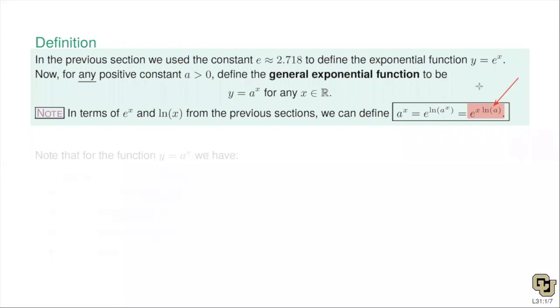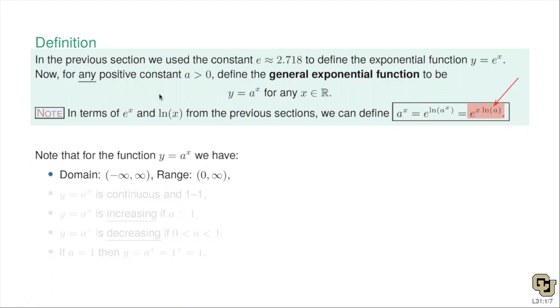So here, a to the x is just e to the x, but rescaled, slightly compressed or stretched. So it's really important to understand it's not really a new function as much as it is just a slight rescaling of an old function.